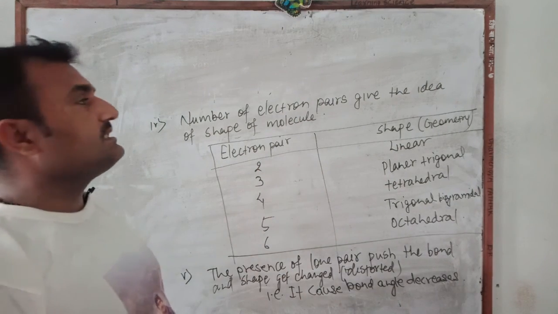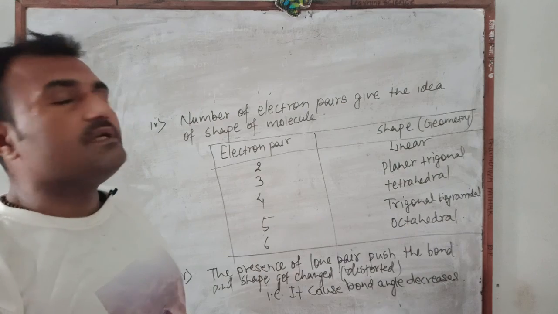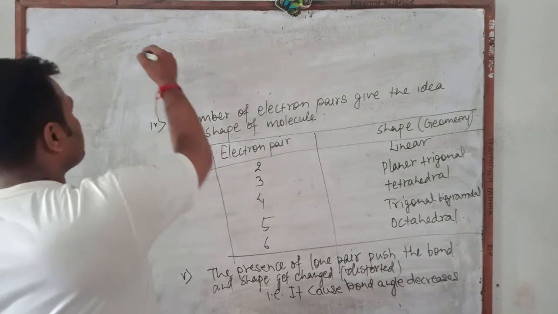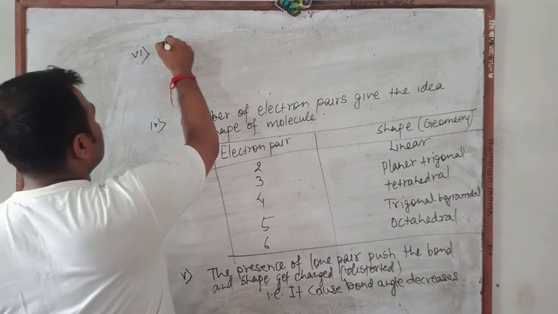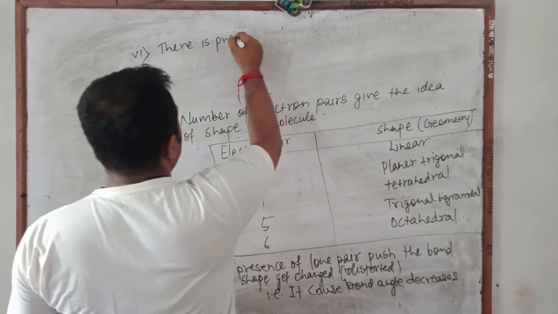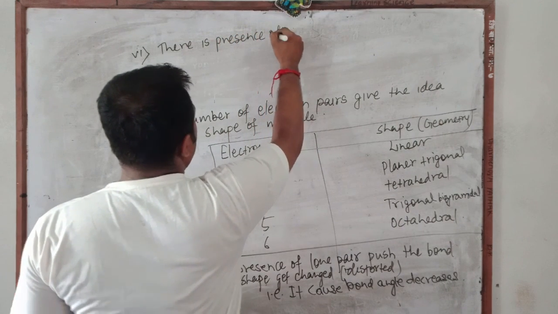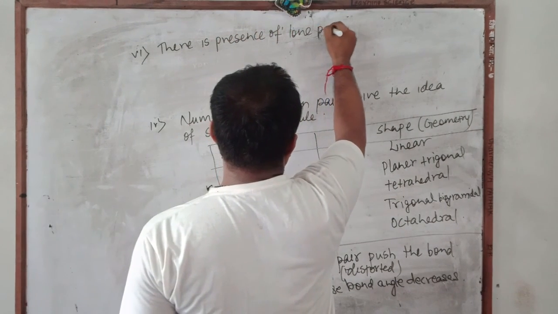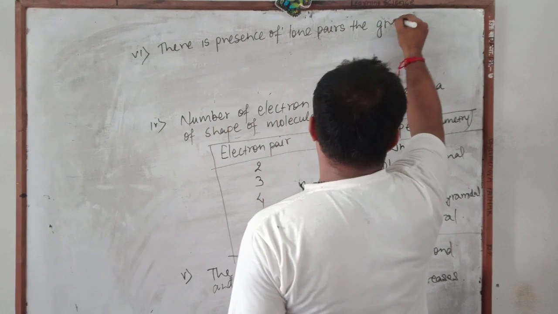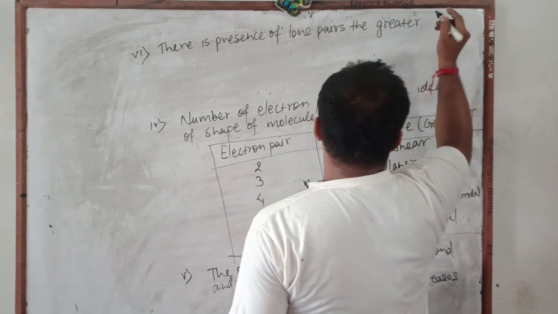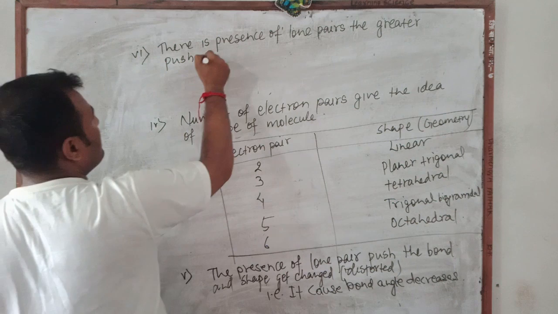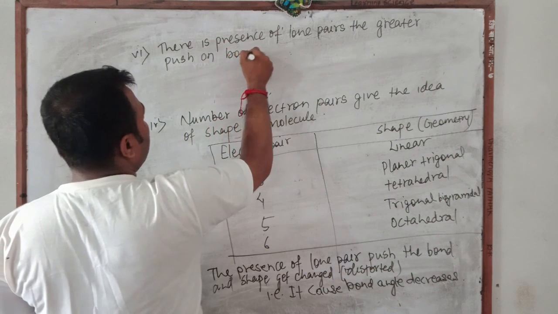Bond angle gets decreased. That helps to find out the exact shape of a molecule and how much there is presence of lone pairs, then a greater push on the bond occurs.